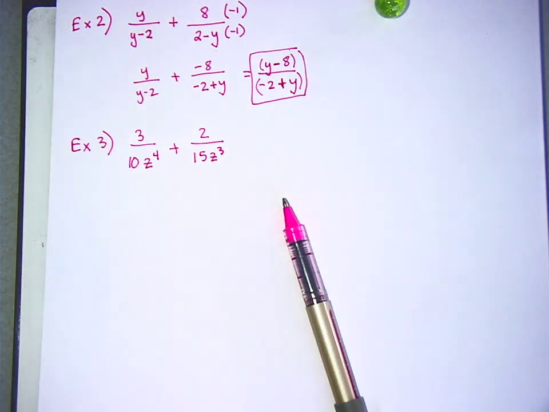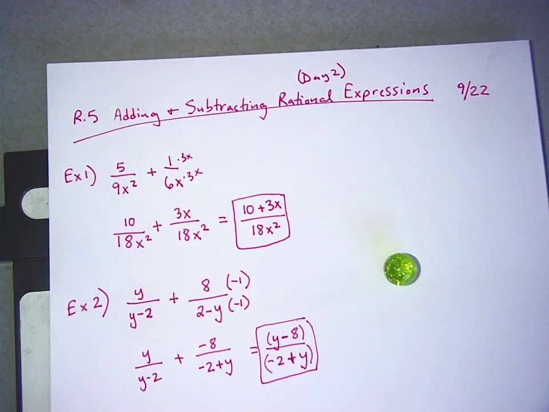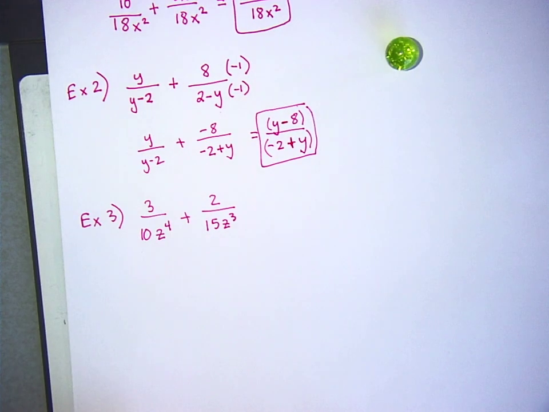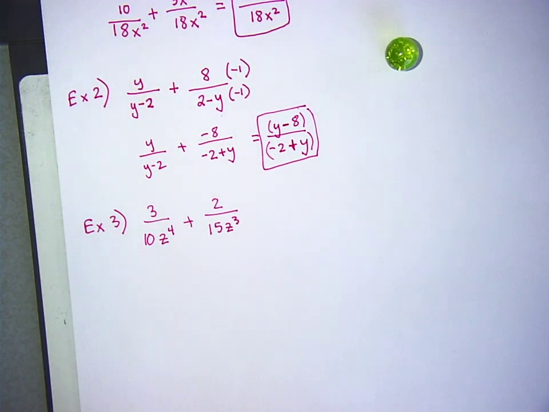Okay, so first we have to figure out what the common denominator is, which 10 and 15, oh, we got it. Fine. 10 and 15 both go into 30, so we times one side by 3, the other side by 2. But with the z to the third also comes to the fourth, so times one side by another z.